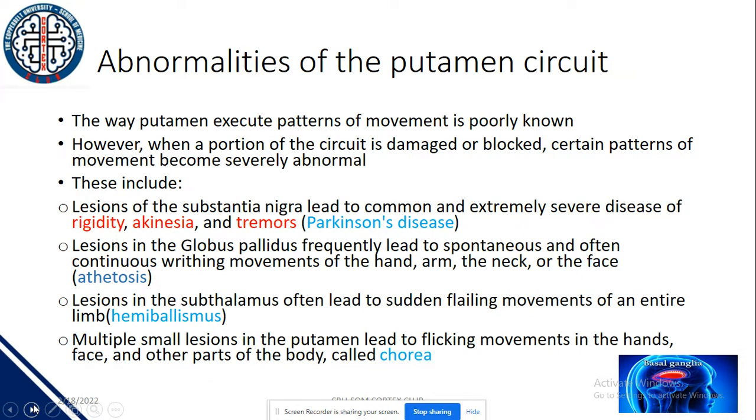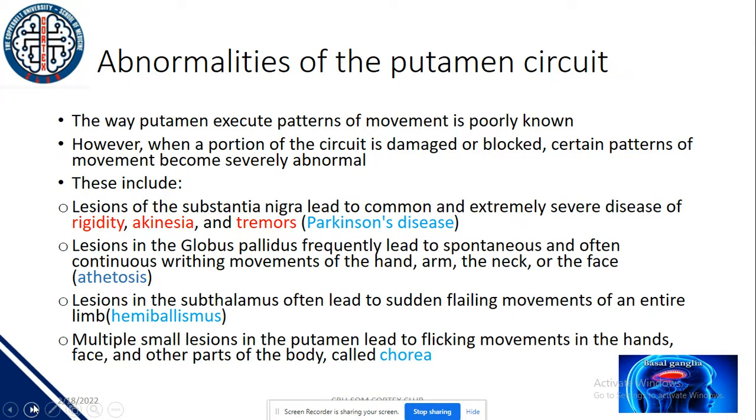What are some of these movements that become abnormal? We have lesions of the substantia nigra, which lead to a common and extremely severe disease of rigidity, akinesia, tremors. And these three are classical signs of Parkinson's disease.